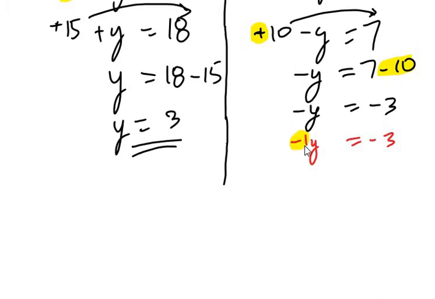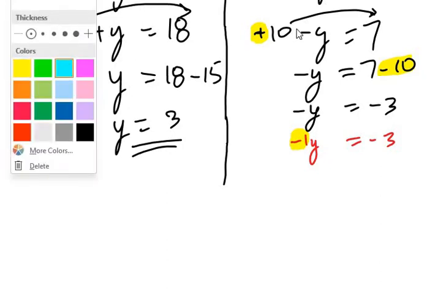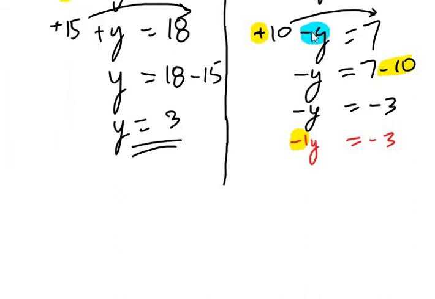Because if you say positive, then when you look at this one, you're going to say this will change. But no. How is the positive 10 connected to the minus y? It's connected by addition. It's like you're saying, let's look at this down here.